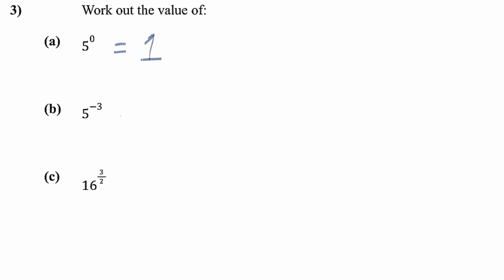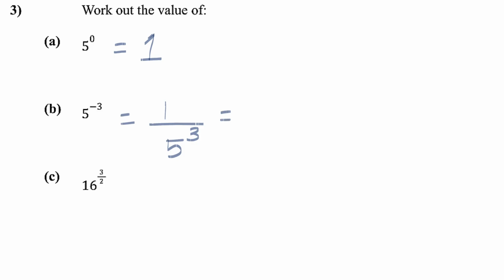That's it. Now next we are having 5 to the power minus 3. Now it's a negative power rule, or you can say inverse rule. So what we do, we take a reciprocal of it, so it will become 1 divided by 5 to the power, now negative power will become positive, so it will be 1 divided by 5 to the power 3.